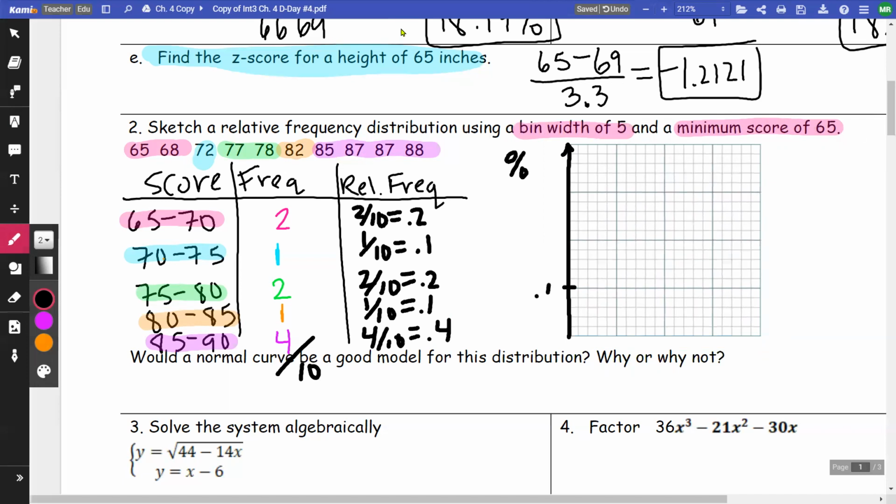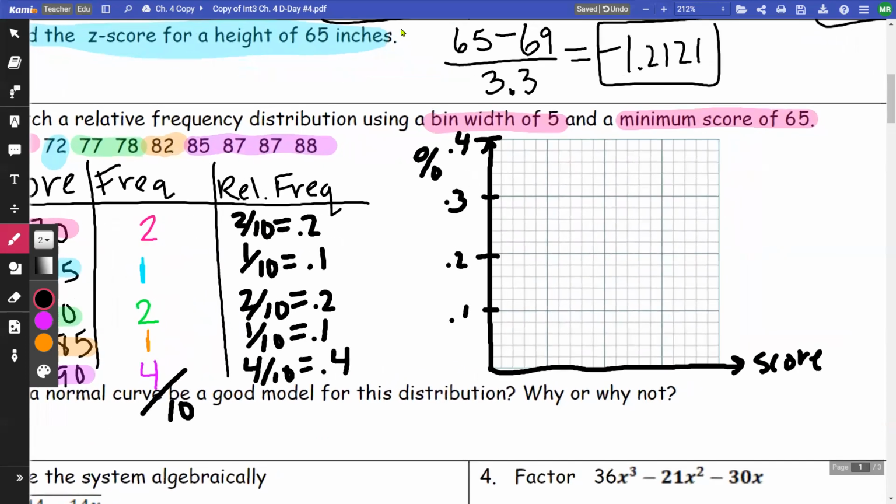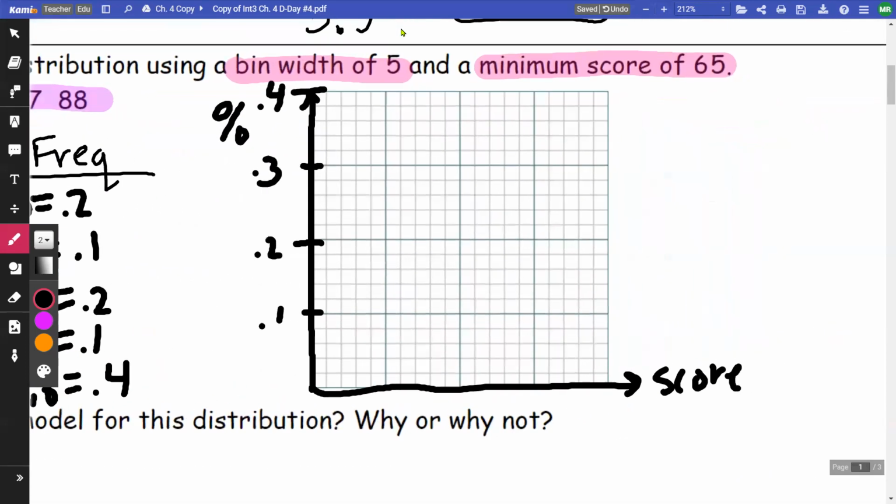I'm going to have this be 0.1, 0.2, 0.3, 0.4. For this side, this is going to be the score. I'm going to zoom in a bit. So I need to get from 65 to 90.